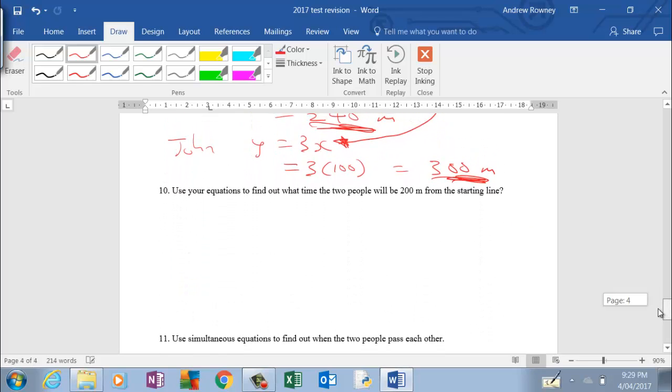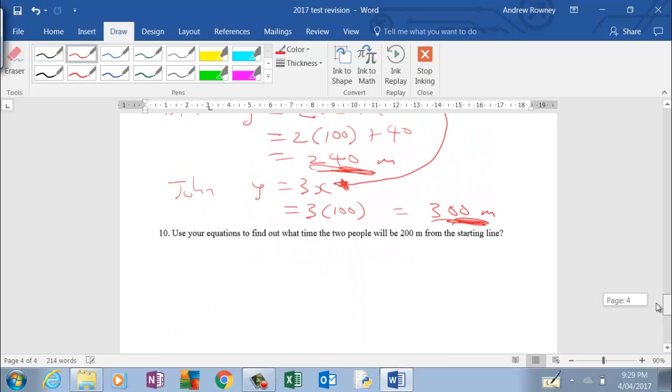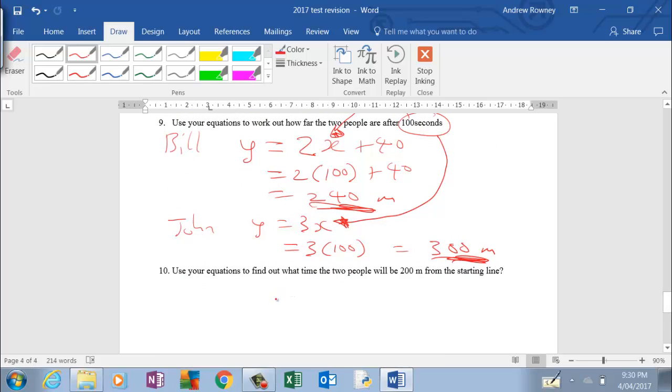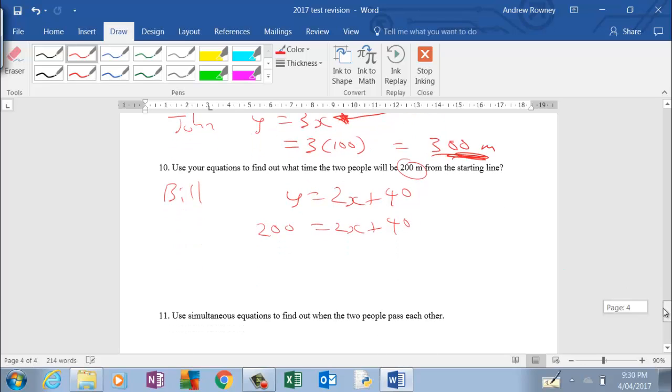Use your equations to find out what time the two people will be 200 meters from the starting line. Okay, this time we have y equals 2x plus 40 for Bill. But this time, the 200 is a y value. That's a distance on the y, so we put 200 where y is in there, and we want to solve this equation.